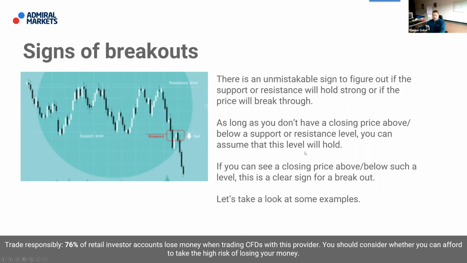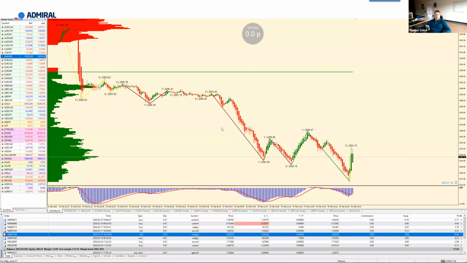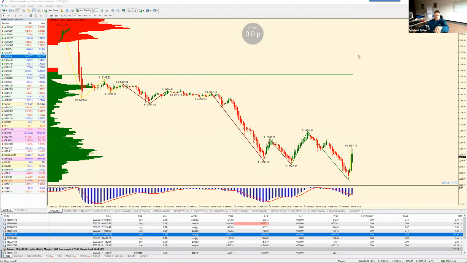So let's have a look here again. Just an example. You see here, this is like a range. You can see here, first of all, no close, no close, no close. Here, no close, no closes there, but there you have a close.